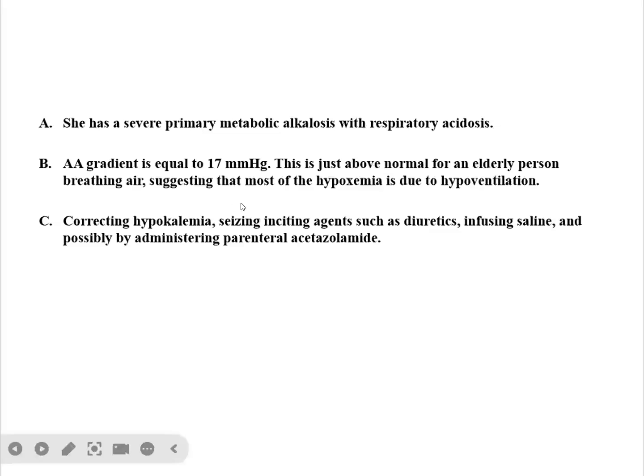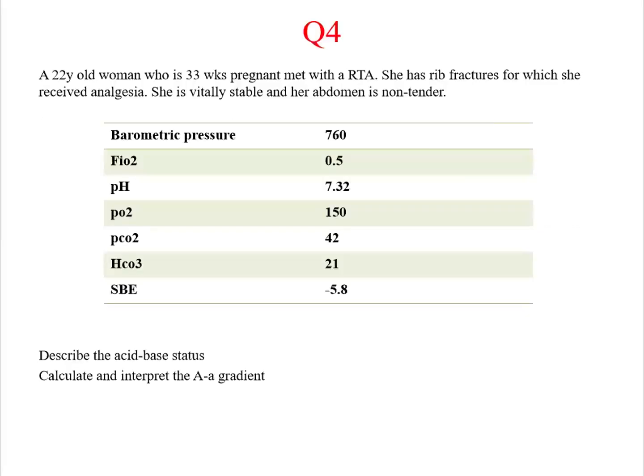So the measures are correcting hypokalemia, ceasing the inciting agent such as the diuretic, infusing saline, and possibly administering parenteral acetazolamide. These are the three measures by which you can reduce his metabolic alkalosis in this case. Go to the next question.